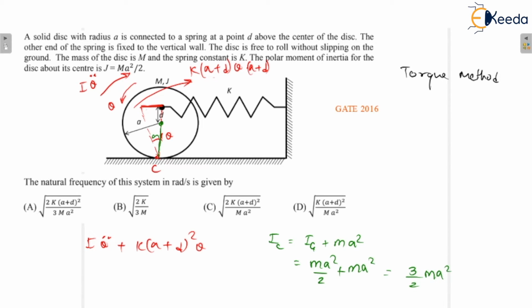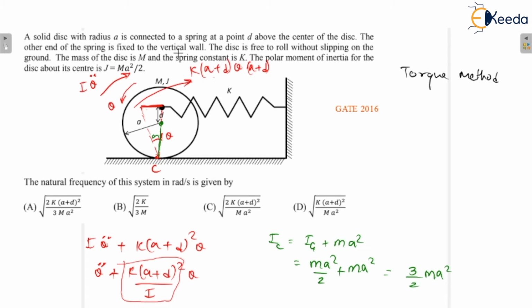So you just have to rearrange this equation. The equation becomes I theta double dot plus k times a plus d whole square upon I times theta. And we know that this term is denoted as omega n square.